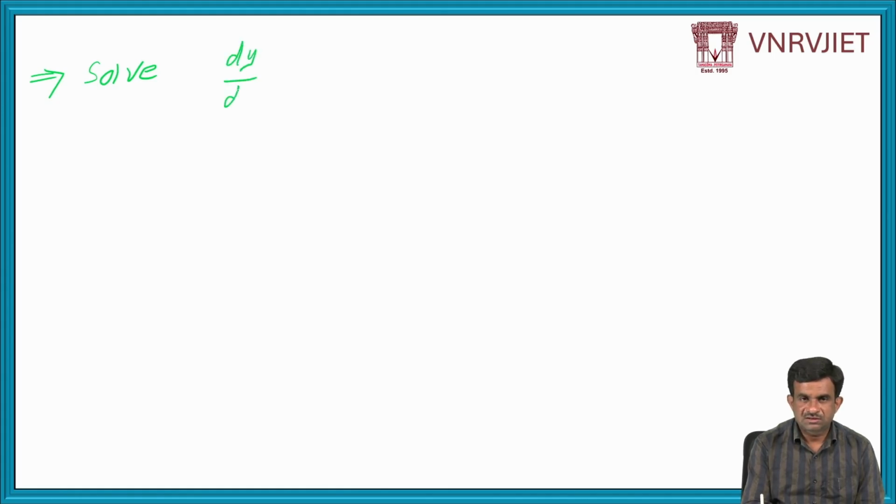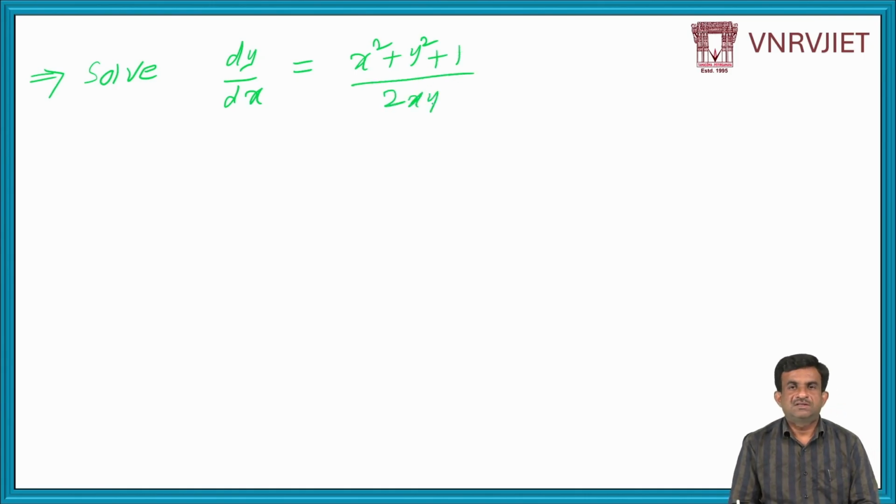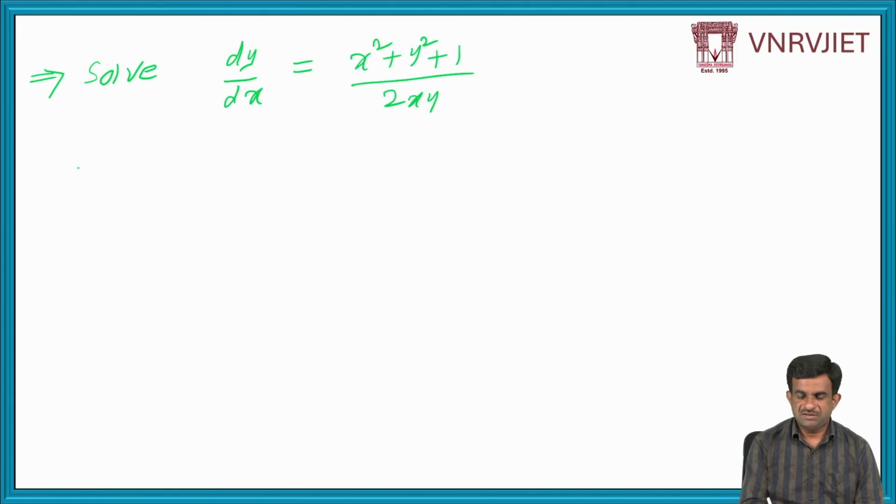The question is: solve the differential equation dy/dx equal to (x squared plus y squared plus 1) divided by 2xy. This is a first order first degree differential equation. It is not given directly in the standard form M dx plus N dy equal to 0, so we have to simplify this.